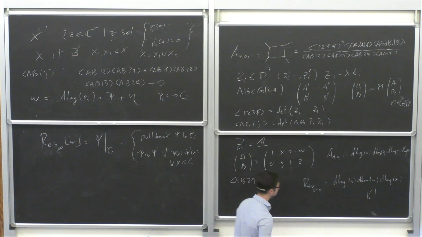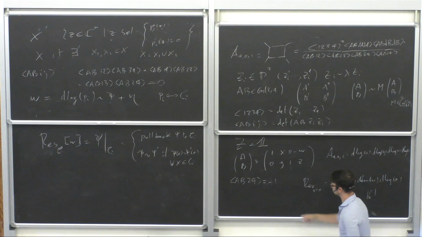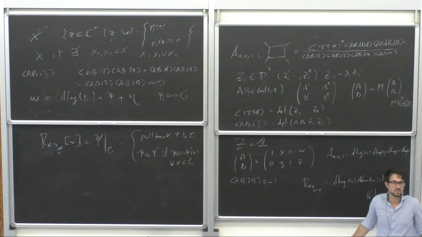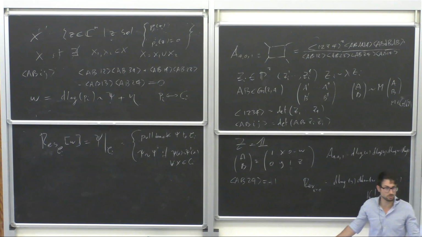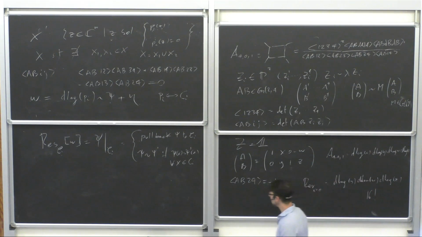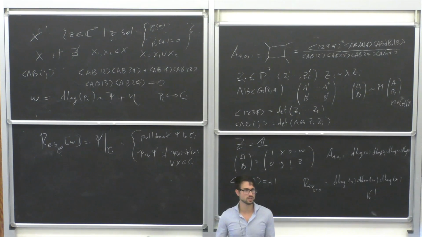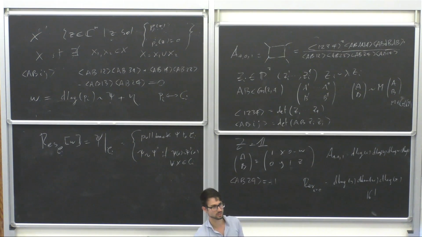Therefore, whatever maximal residue we take in this coordinate, we will never be able to set AB24 to 0. So it's just this usual thing that we have a patch, and not everything is visible in the patch.